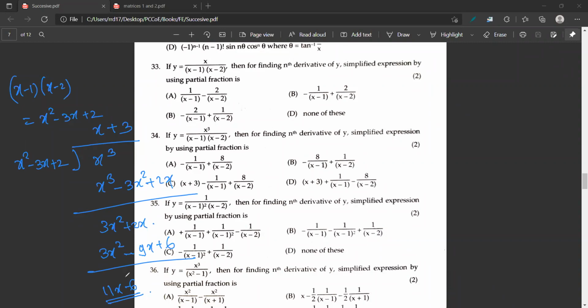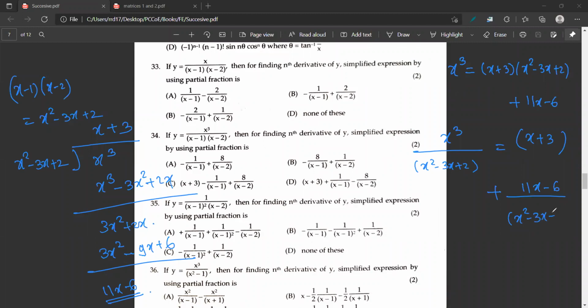So x cube can be written as x plus 3 into x square minus 3x plus 2, plus the remainder, that is 11x minus 6. Now divide by x square minus 3x plus 2, so we get x cube upon x square minus 3x plus 2 equal to x plus 3 plus 11x minus 6 upon x square minus 3x plus 2.